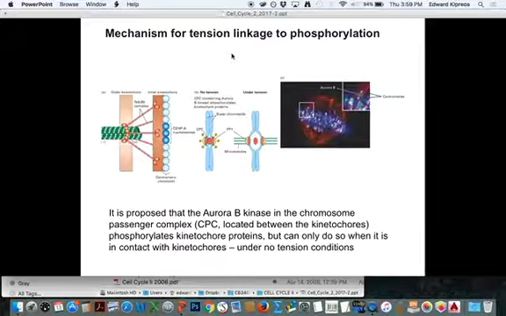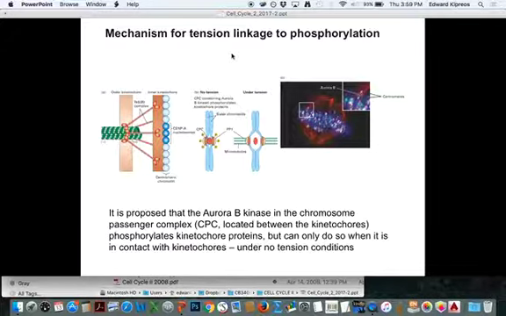So what's happening? Okay, so this Aurora B is in something called the chromosome passenger complex. Well, that's sort of a long name. Maybe I don't need to memorize that, right? But the point is that it's located between the kinetochores, okay? And so when there's no tension, this CPC, this red thing, can actually touch the kinetochores and phosphorylate things at the kinetochore.